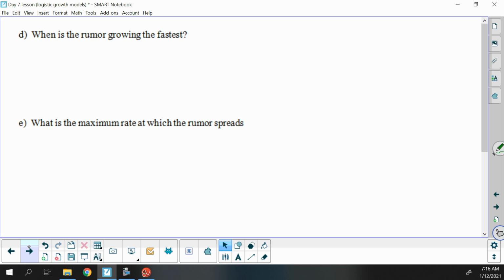Well, remember our differential equation was dP over dt is equal to kP times 1650 minus P. And we know what k is but you'll see that we're not going to need to fill in the ugly value for k. So we'll just leave it as k for right now. So if we want to know when the maximum of that rate is, to find the maximum of something, you've got to look at its derivative, so the next derivative.